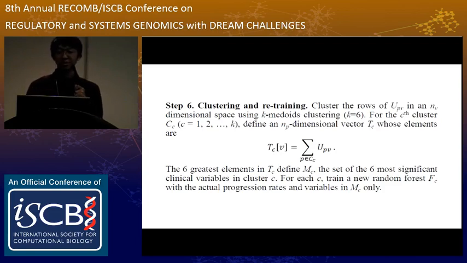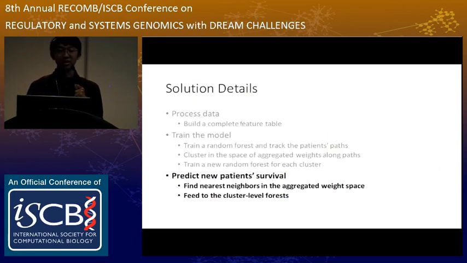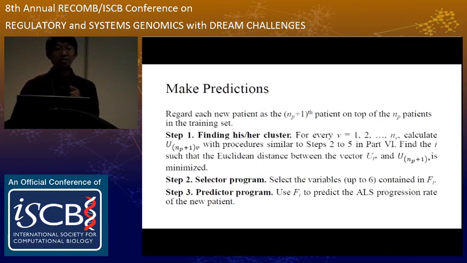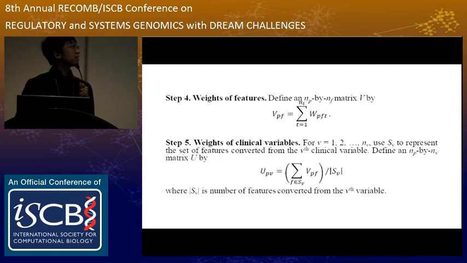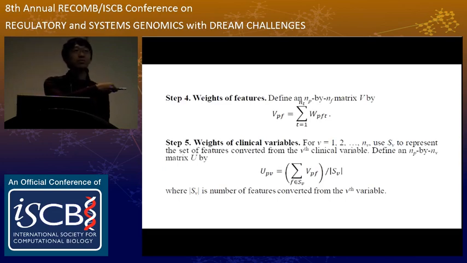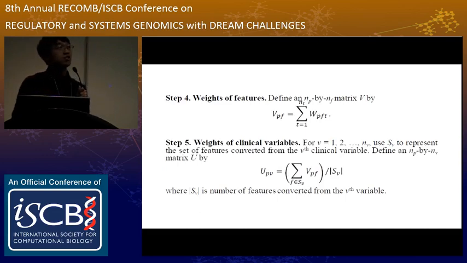So after we have done with all the cluster training, we are ready to predict new patient survival. When a new patient comes in, first, we find out his cluster number. If you recall, the U matrix is the aggregate weights of clinical variables. Imagine that when a new patient comes in, it is an additional row of that matrix.